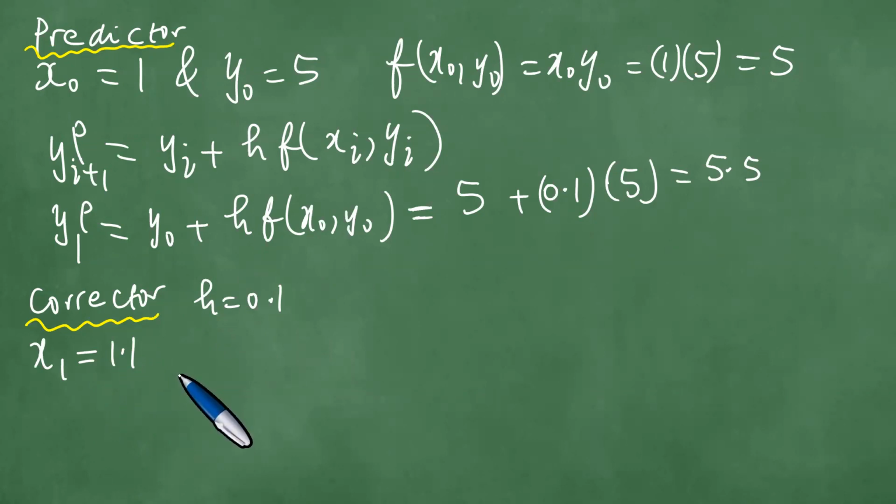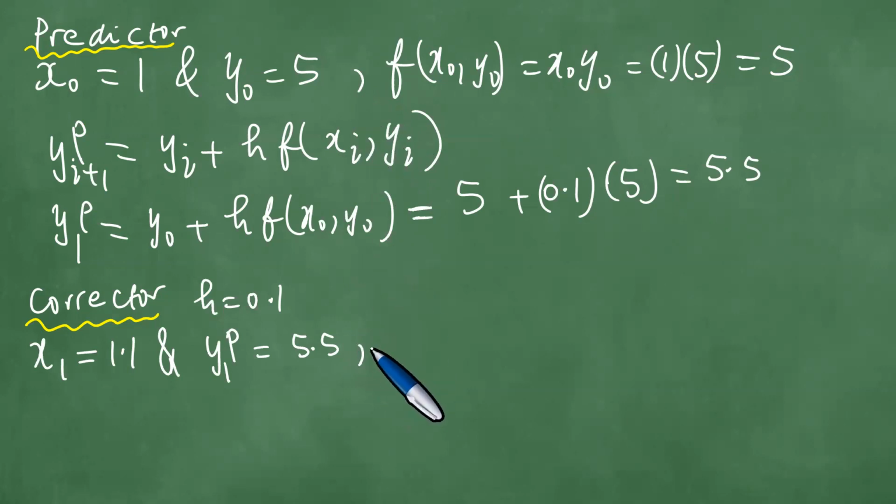Now, if it's 1.1, then we do the same thing like here. But we've already got this y. So the x1 goes with y1 predictor, and it's 5.5. So it's always the x and the y, but the corresponding y.